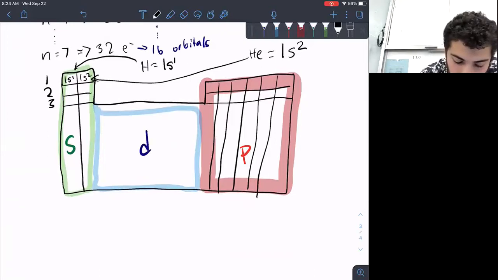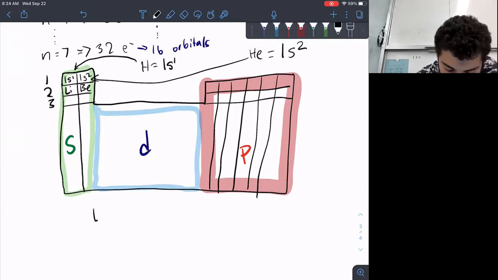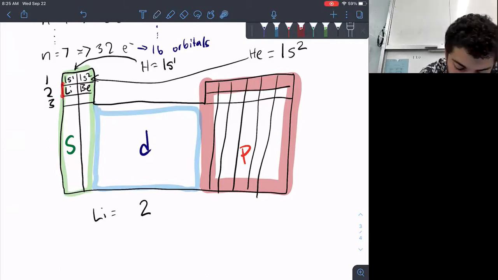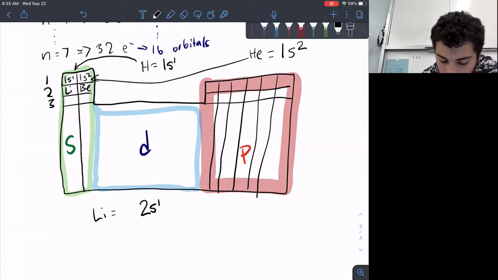When we move down to these lower elements, we're going to go to lithium and beryllium. Lithium, you might just say, oh, it's in the second row, and you'd be right. Row 2, it only has S, and it's in the first position, or only has 1 2s electron.